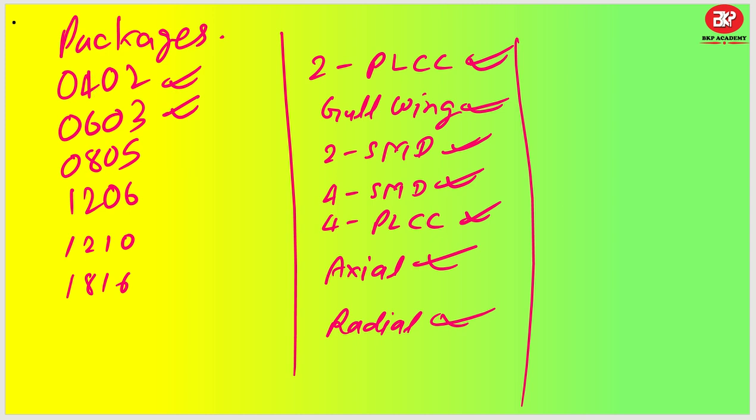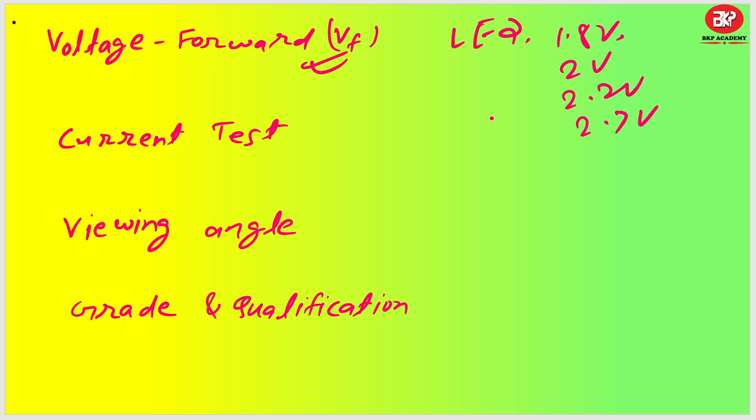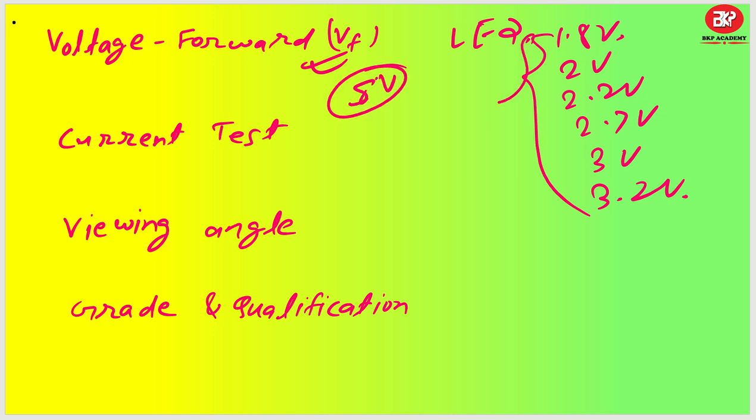Now coming back to other parameters, we saw the packages. Then let us talk about forward voltage. In any LED that you see, it will be mentioned whether it has a 1.8 volt voltage drop or 2 volt or 2.2 volt or 2.7 volt or 3 volt or 3.2 volt, something like that. Let us say you have to have a 5 volt indicator, then any of these you can choose, but if you have to have a 1.8 volt indicator, then you cannot choose even this one.